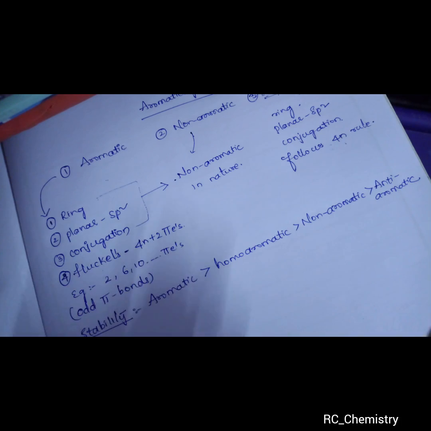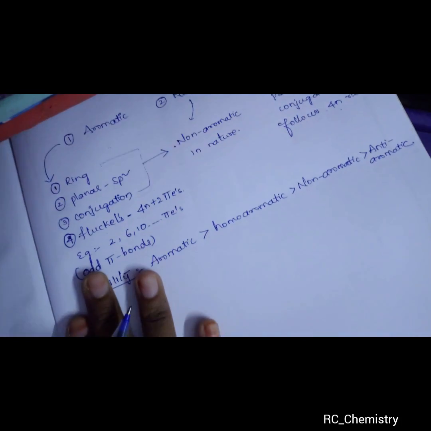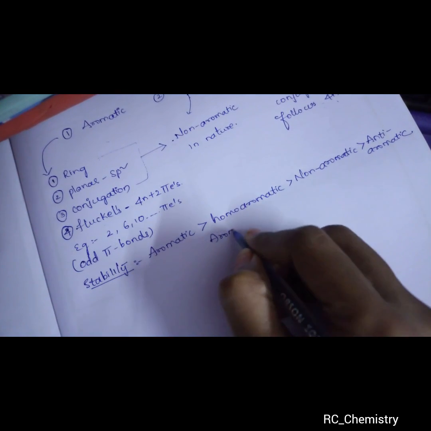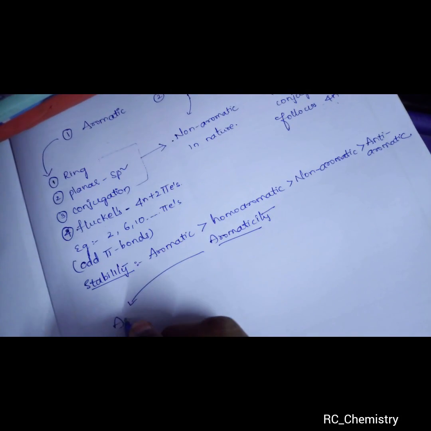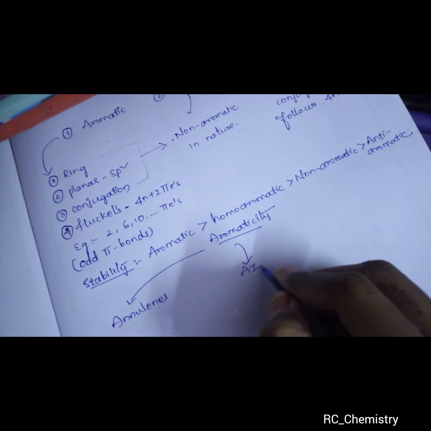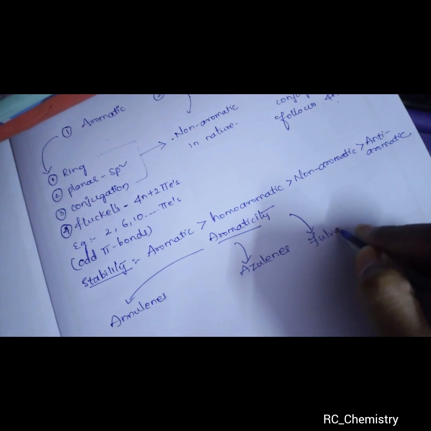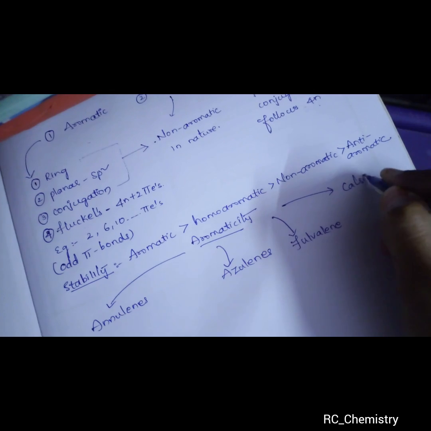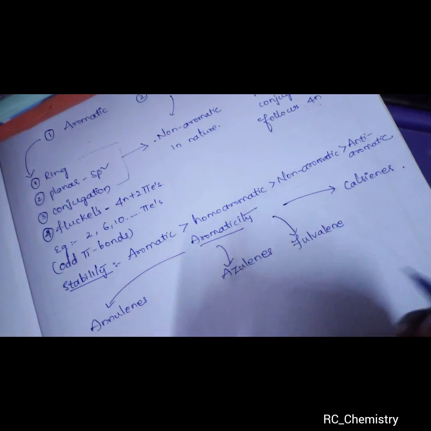First, we are going to check aromaticity in different types of compounds. The main important compounds are annulenes, azulenes, fulvalenes and calicenes.